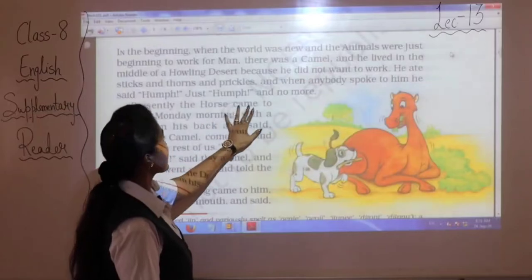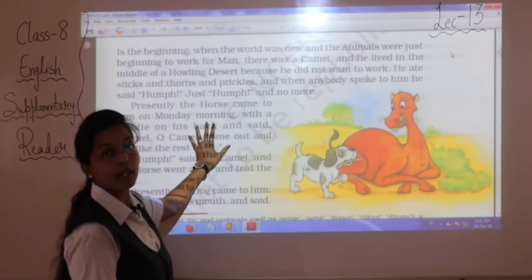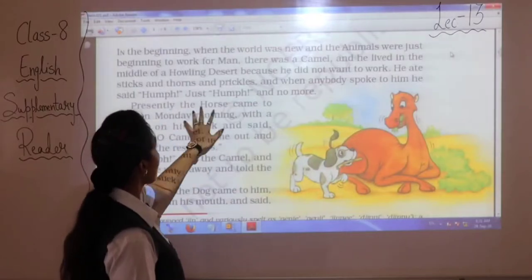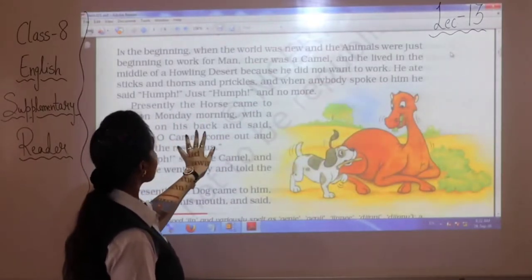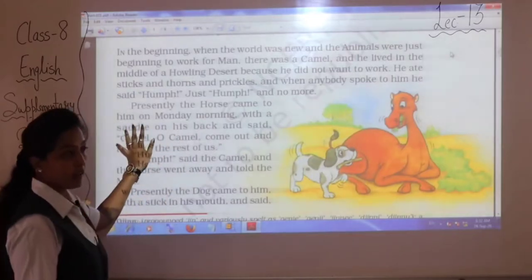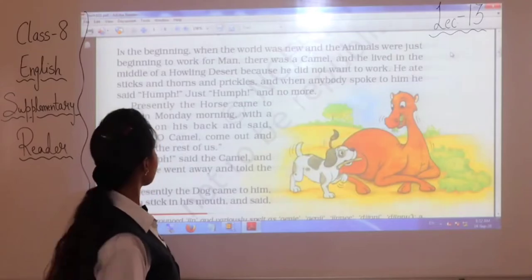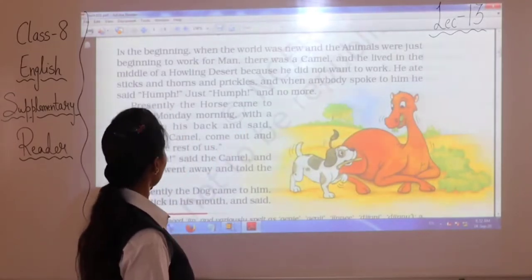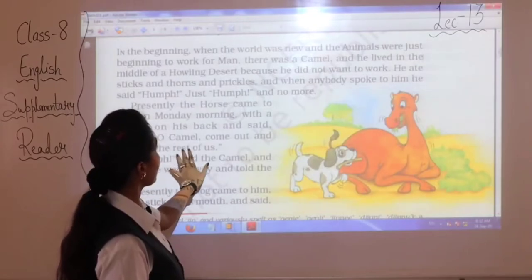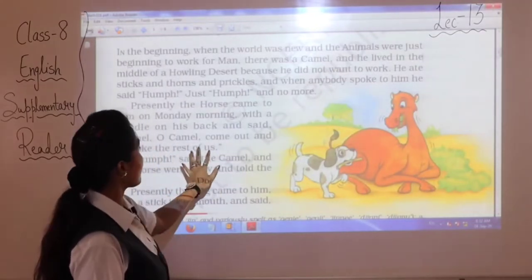Presently, the horse came to him on Monday morning. Now, one morning, the horse came to him with a saddle on his back, the saddle that the rider sits on the horse's back, and said, "Camel, O camel, come out and trot like the rest of us."